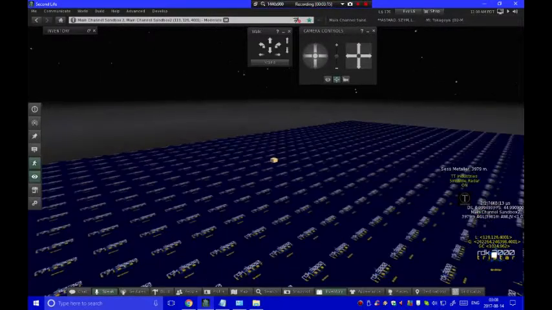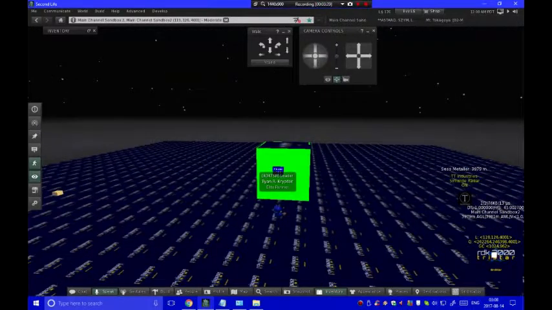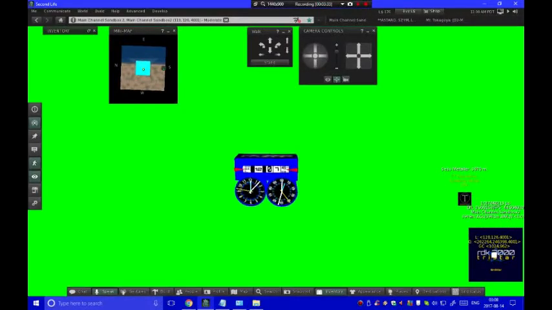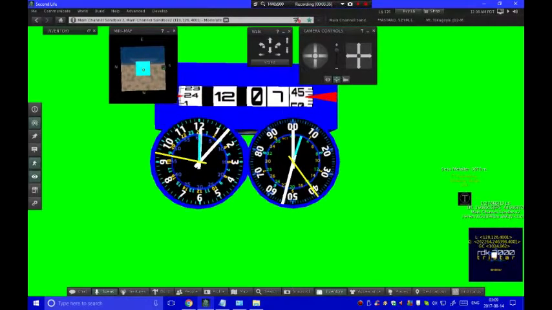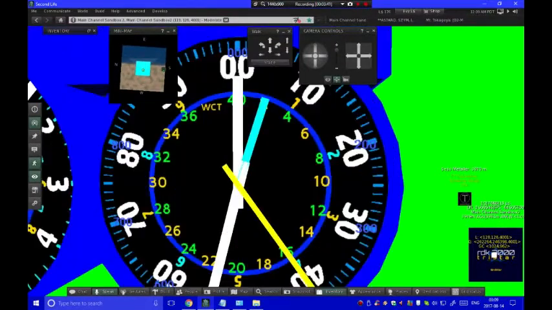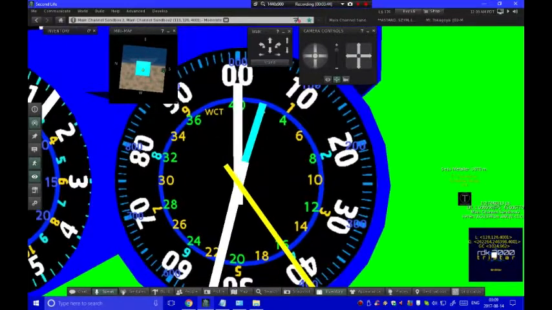For its pattern, you can see when we open the map, the clock has stopped at 12:07:47.